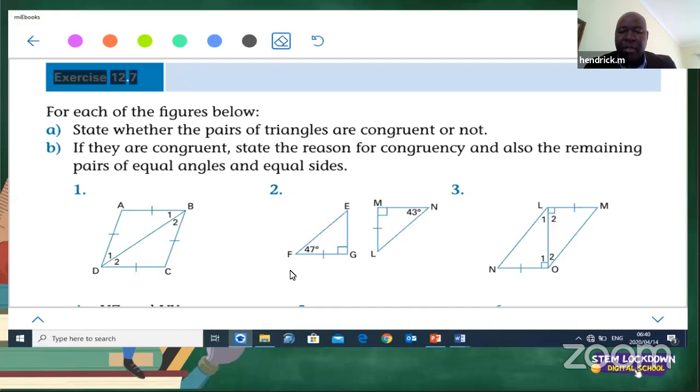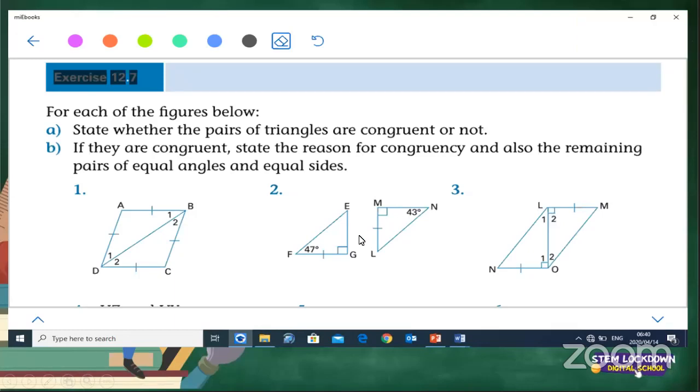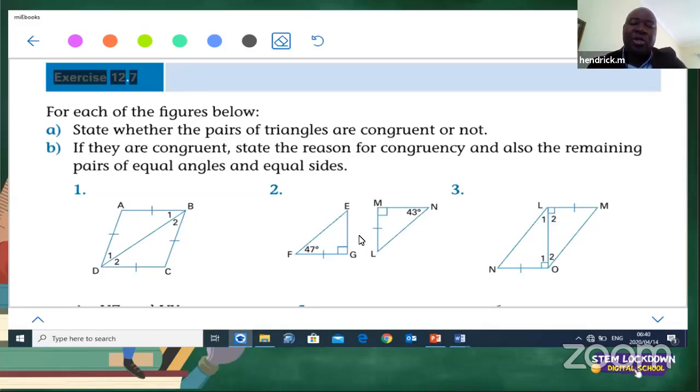Okay. So you are saying they are not congruent, the two angles, 47 and 43. Yes, sir. All right. Remember, let me mention something to you, Tino. How do you prove congruence in this case? You are given 47 degrees in the first triangle. In the second triangle, you are given 43 degrees.